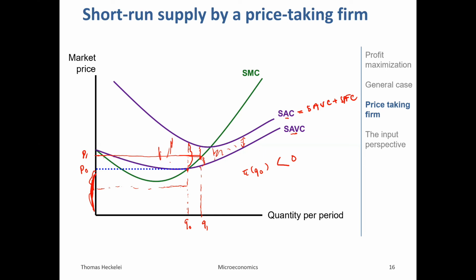And above the short-run average cost, the SAC, the total one, this you know already, you make profit. So of course it's good to be in that range.